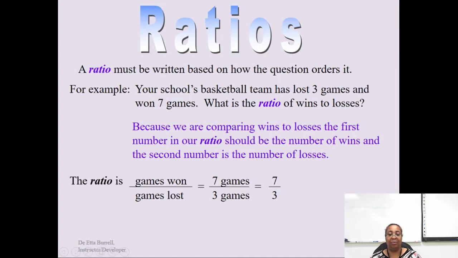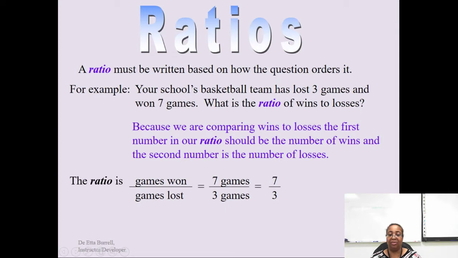Now, in the word problem, the losses were listed first and then the wins, but we have to list it as wins to losses. What I like to do is write down what the question is actually asking for in the ratio before I actually put the numbers there. So I need to know games won to games lost.